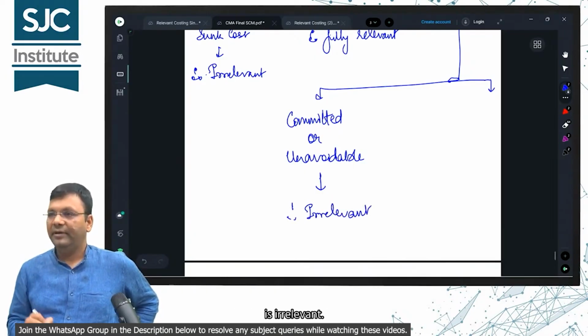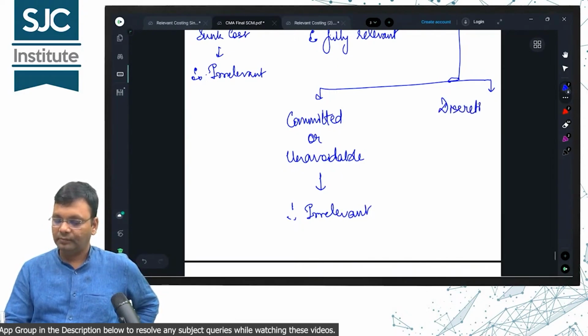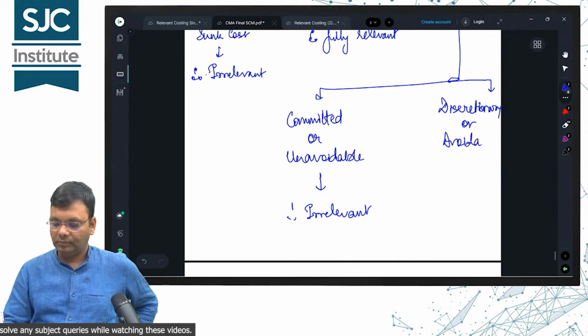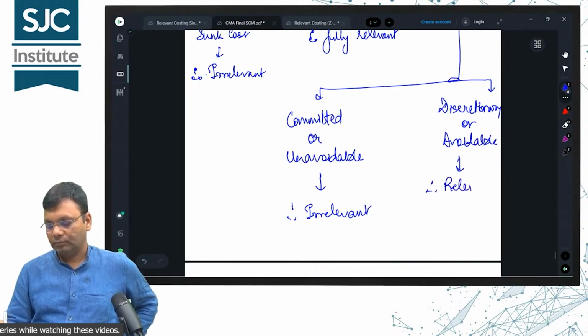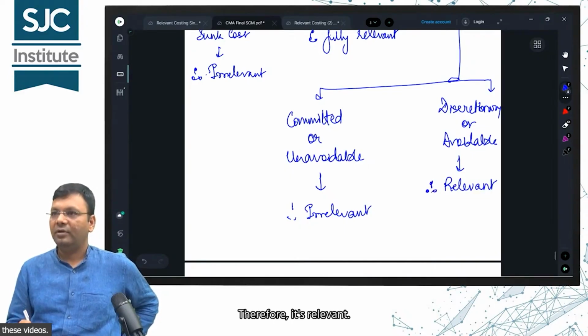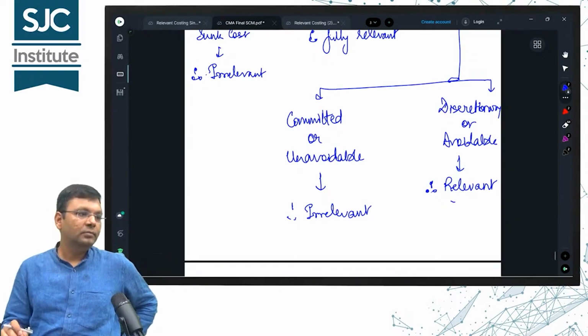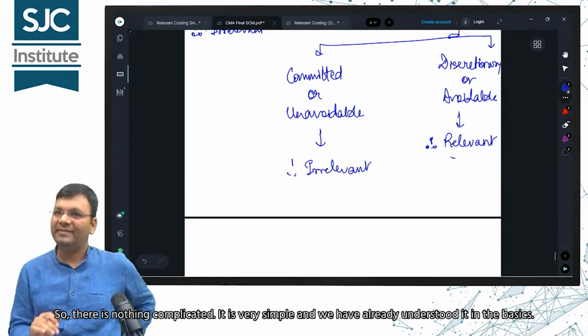The entire amount is irrelevant. And the opposite is discretionary or avoidable, therefore it is relevant, entirely relevant. So there is nothing complicated. It is very simple and we have already understood it in the basics.